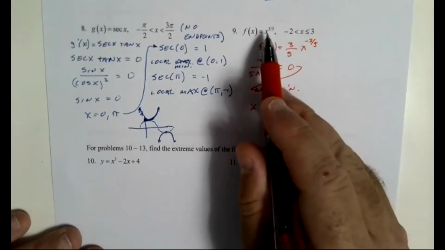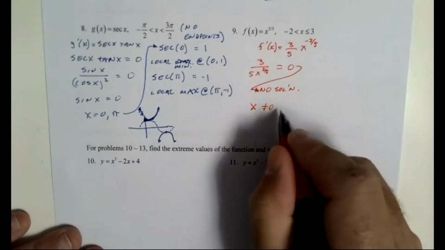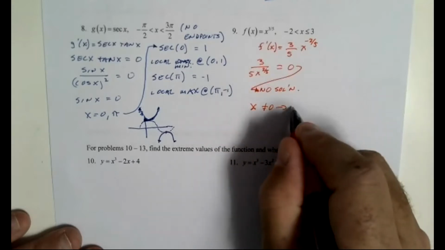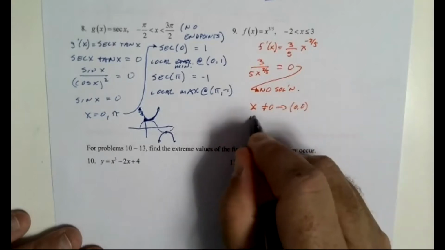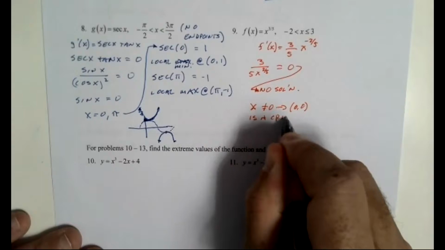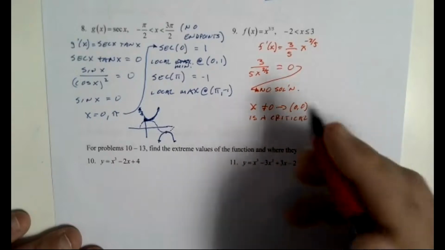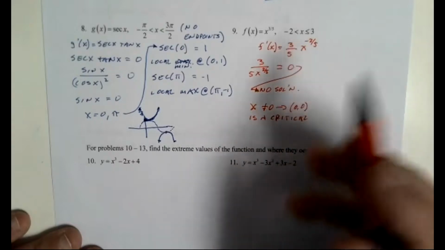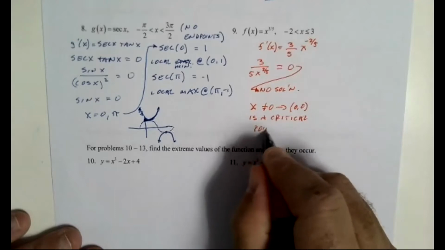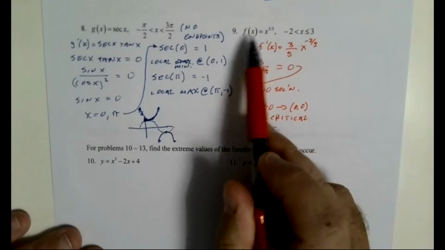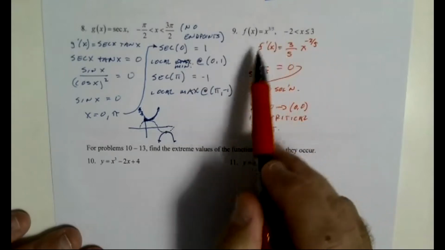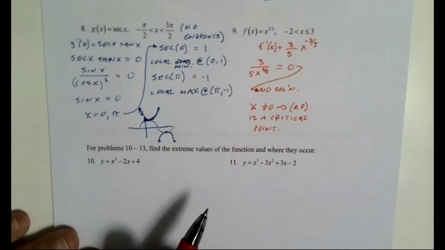There's no problem with the domain of the original function. So that is a critical point. We got to go check that out. Can't check -2. We can check 3.